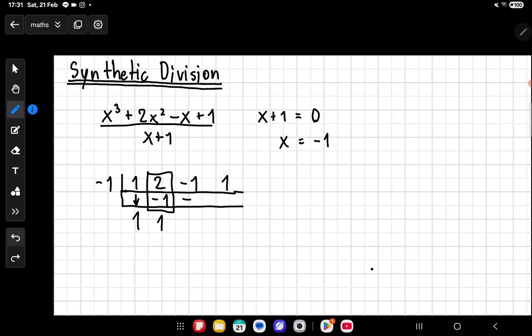Right? Let me go back a few steps real quick. So, now multiply these, right? And it's going to be -1. Then -2. Then you multiply this with this and so on. So now what's this? 2. Then 3. This is the remainder from our synthetic division. And we will denote it as R and a number.